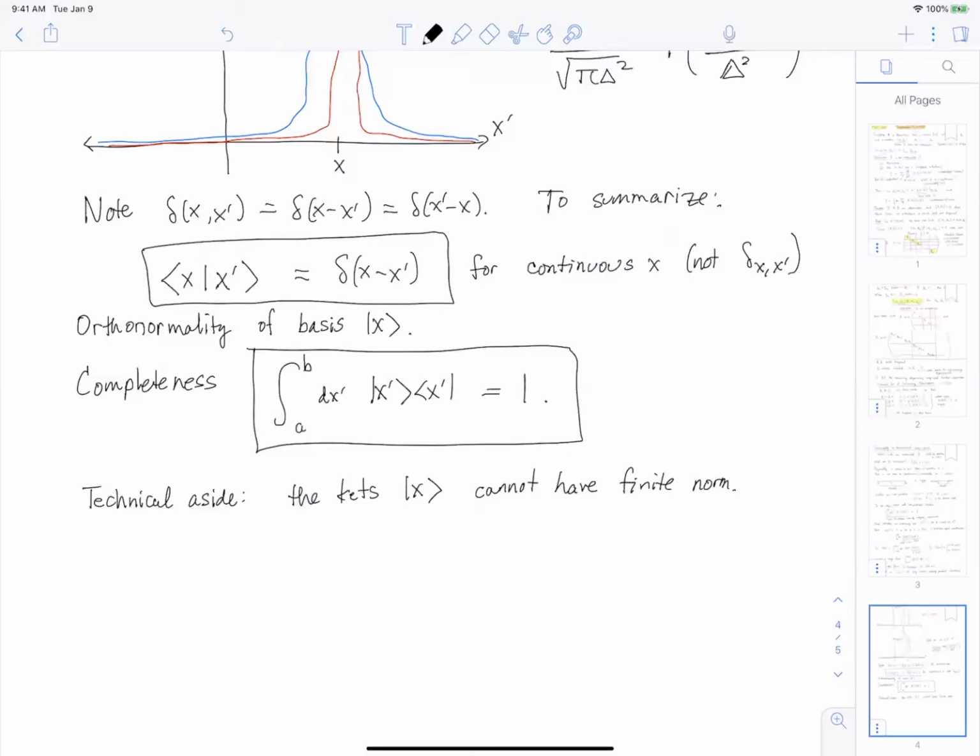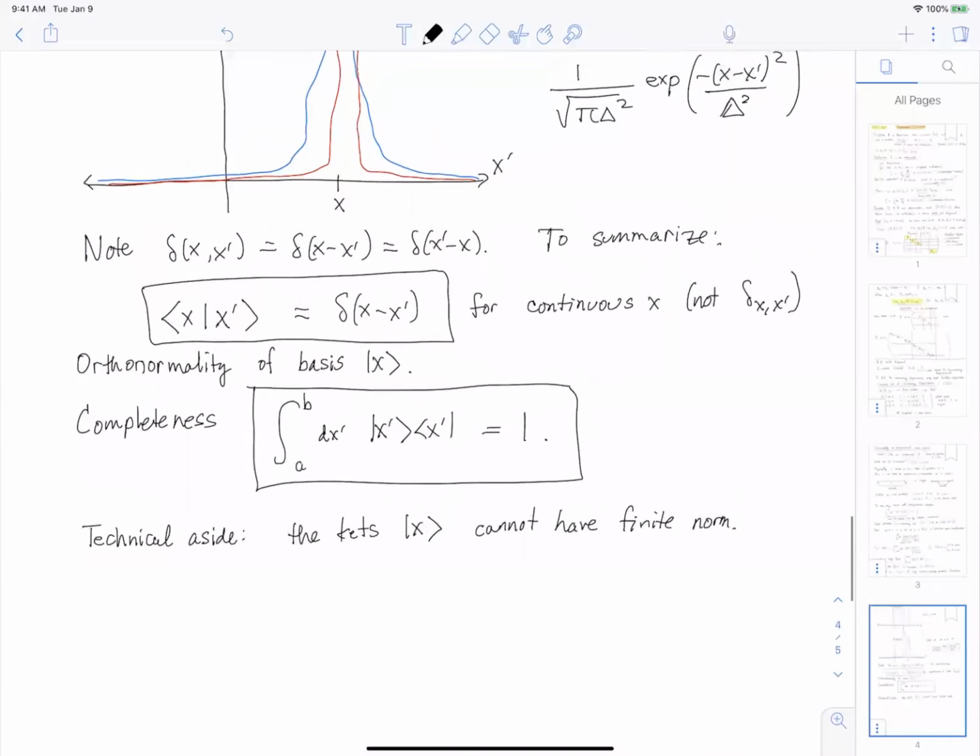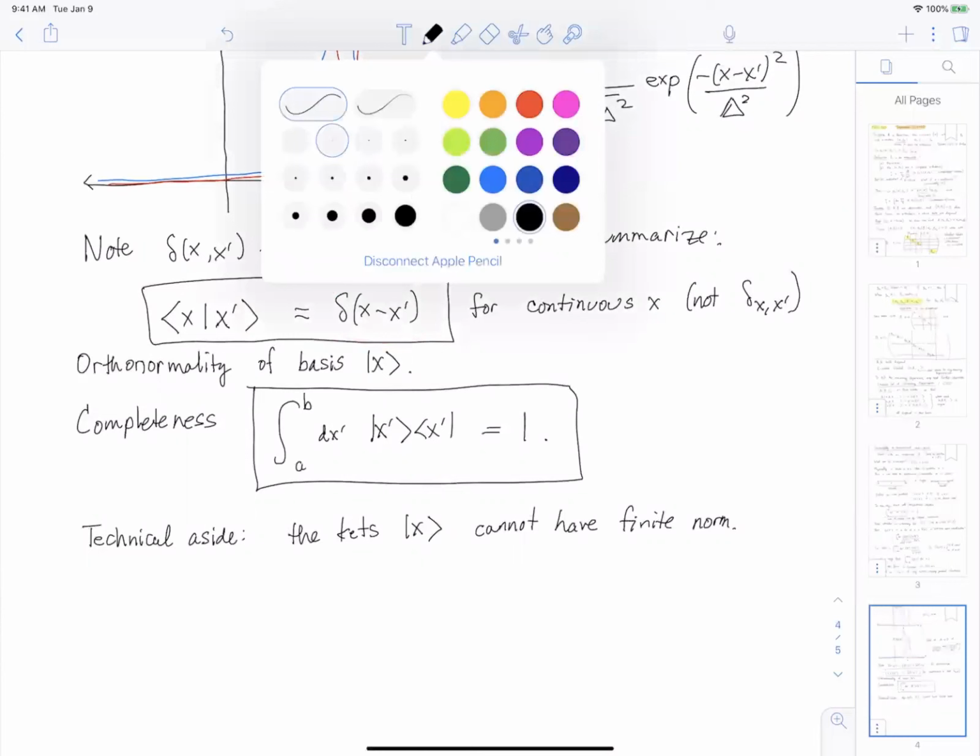But you can't do that here because this thing is either 0 or infinity. And if it's infinity, then when x equals x prime, you can't take 1 over the square root of infinity. It just doesn't work. So these things cannot have finite norm, and so we give up on that and we just declare them to have infinite norm and use them anyway.